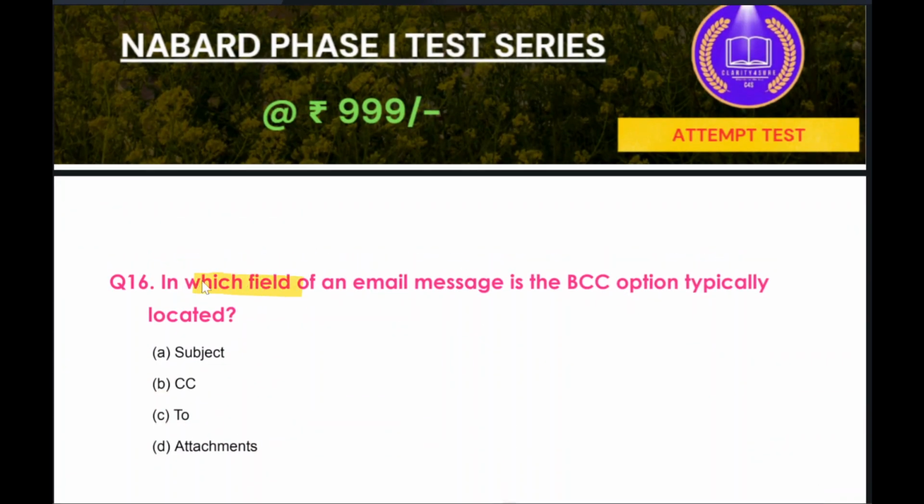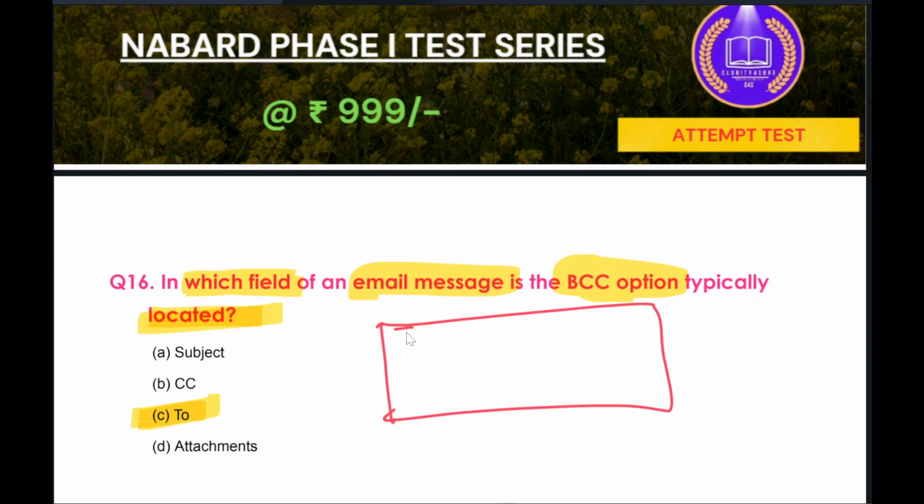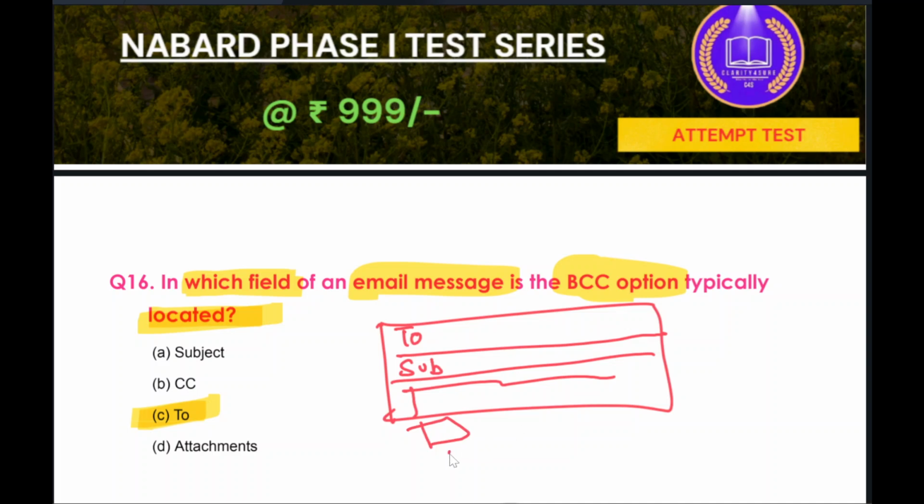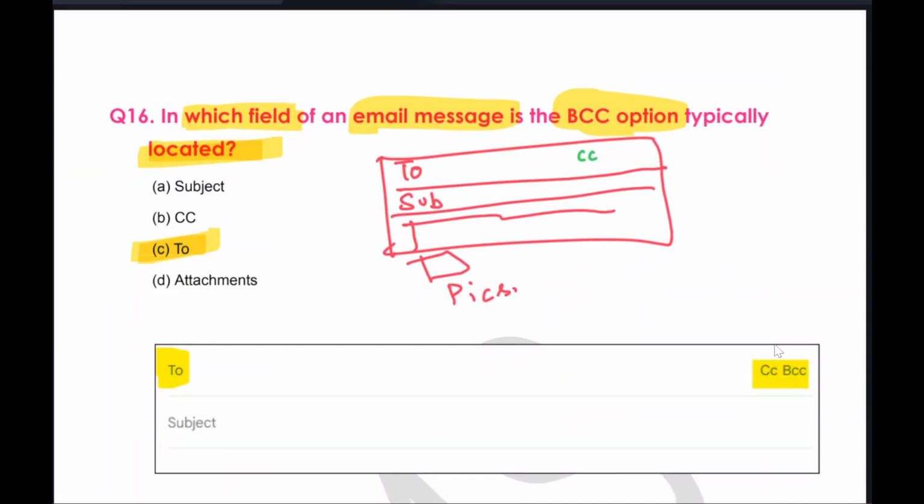In which field of an email message is the BCC option typically located? It is in the To section. When you write an email, there is a To section, then there is the subject, then the content you have to write, and then you can attach pictures or attachments.